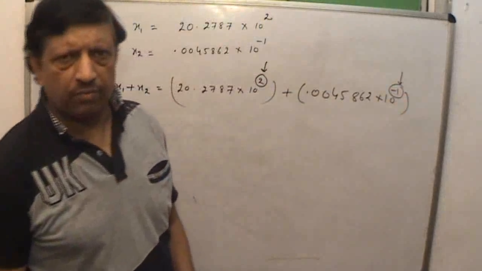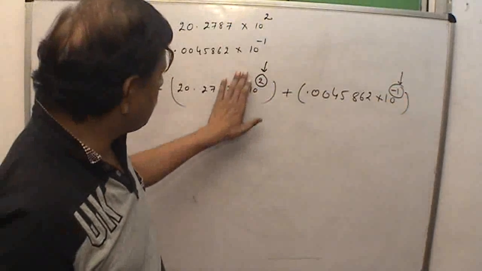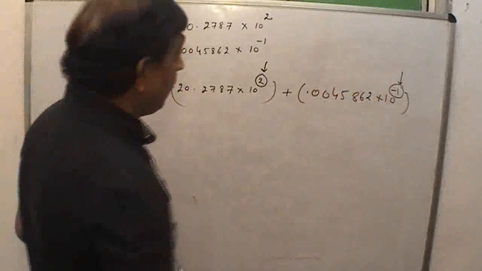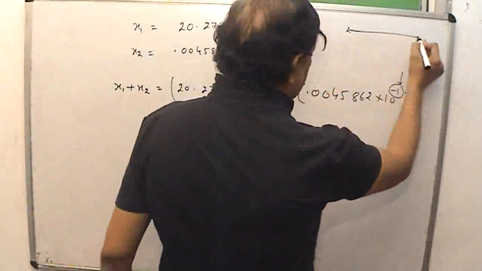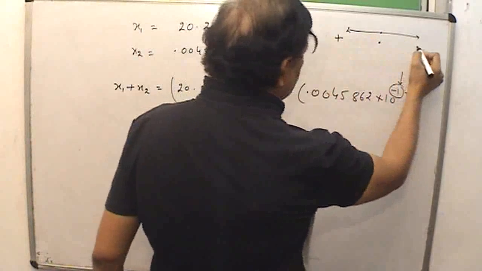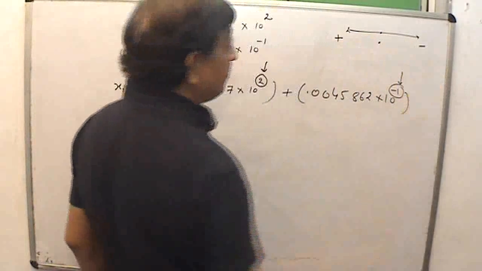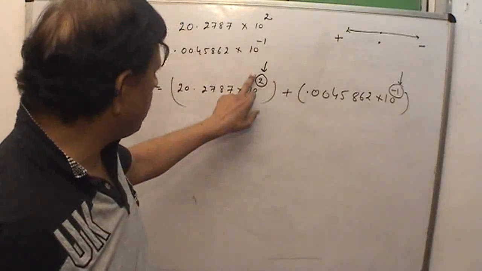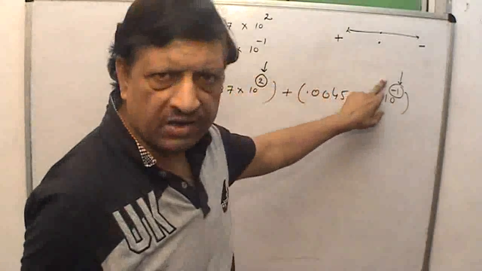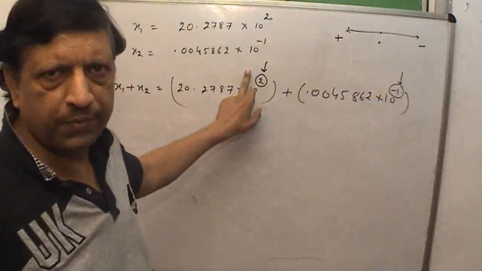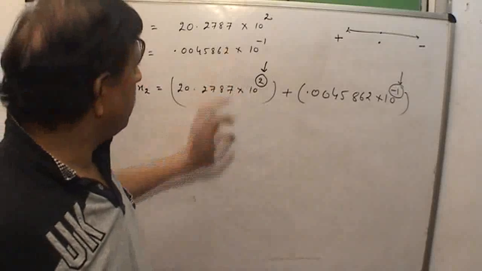First of all, these exponents will be equalized. How do we know our system? That is the real number, with the decimal on this side plus, on this side minus. We have two options: either we can convert 2 into -1 or -1 into 2. Both options are equally good.